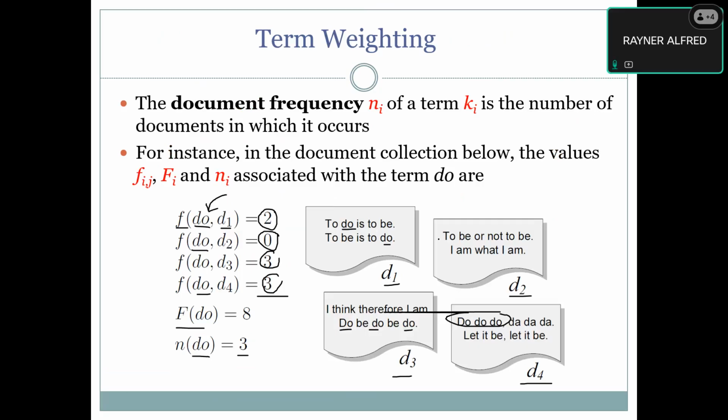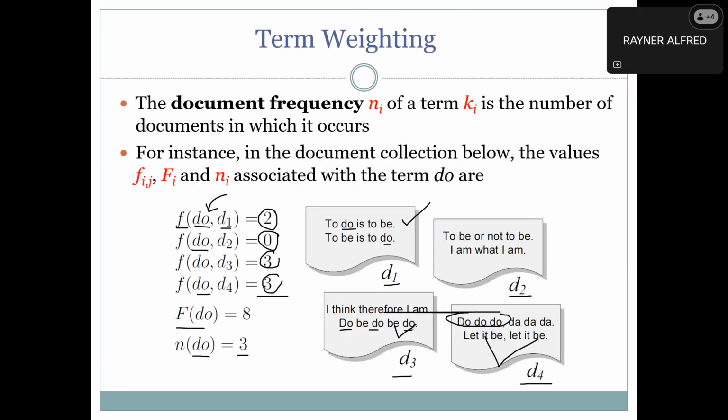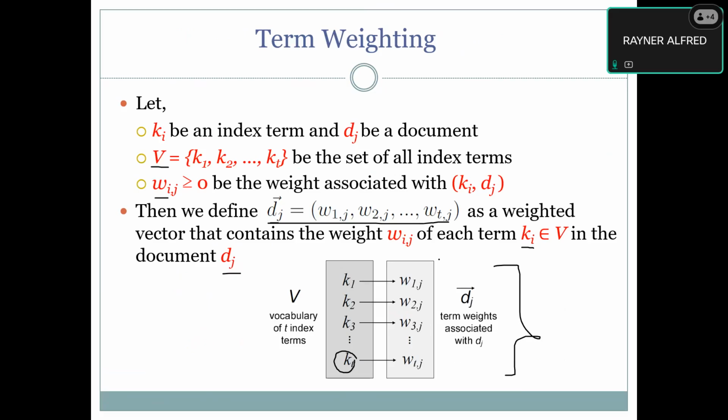So we only have 3: D1, D3, and D4. Using this number of occurrences, we can fill up the weightage here for each keyword that we have. Based on this, we can then transform them into a term-document matrix.